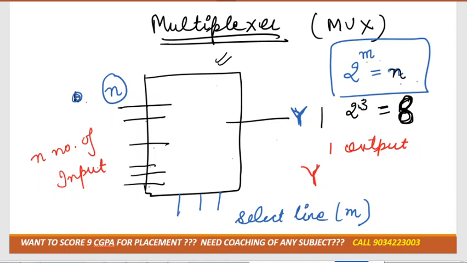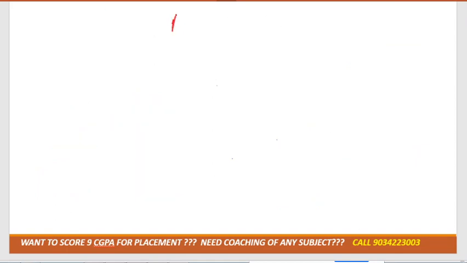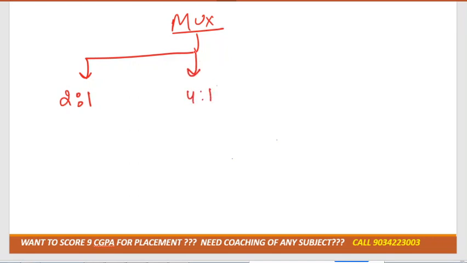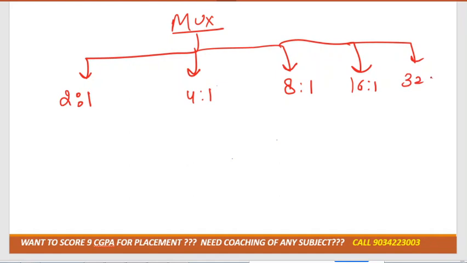So we have different types of multiplexers. One is the 2 to 1 multiplexer, another is the 4 to 1 multiplexer, another is the 8 to 1 multiplexer, then 16 to 1, then 32 to 1, which are 2 raised to the power 1, 2, 3, 4 and 5.